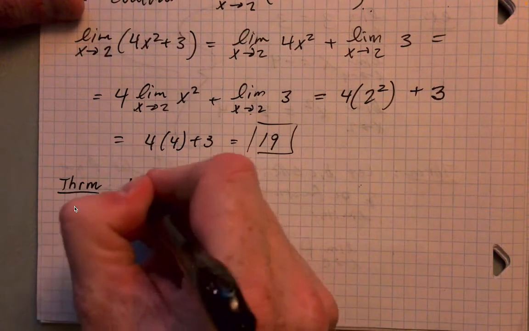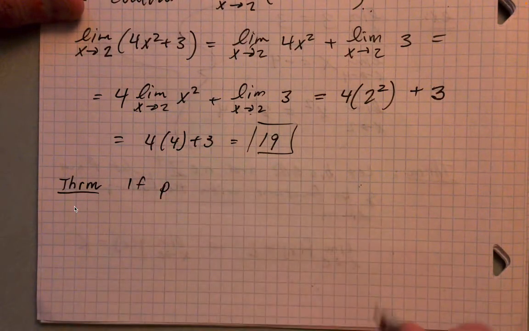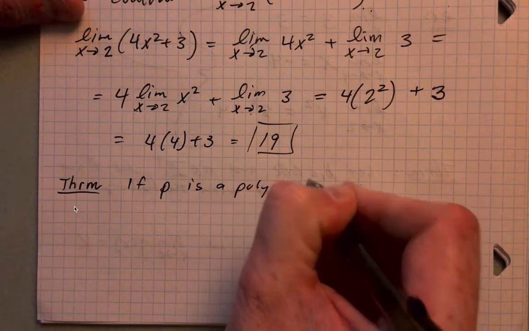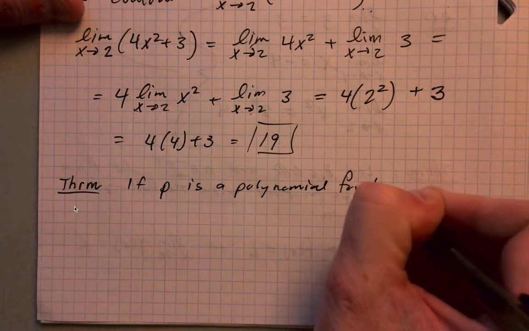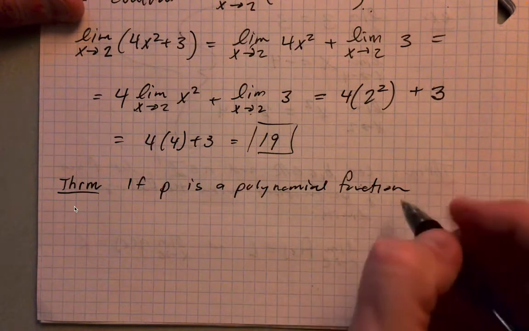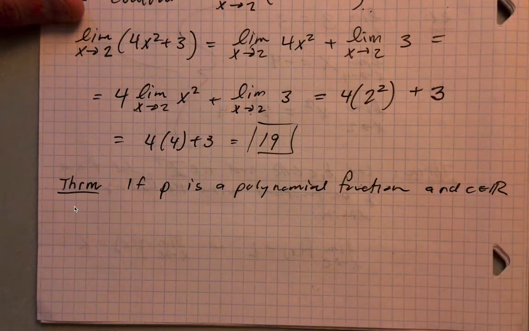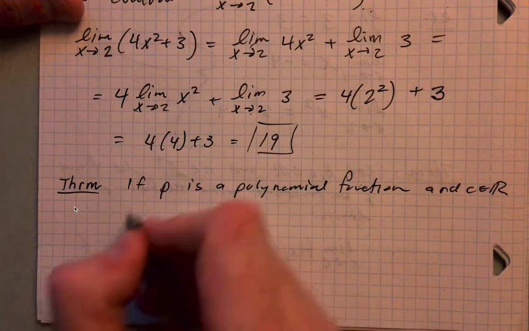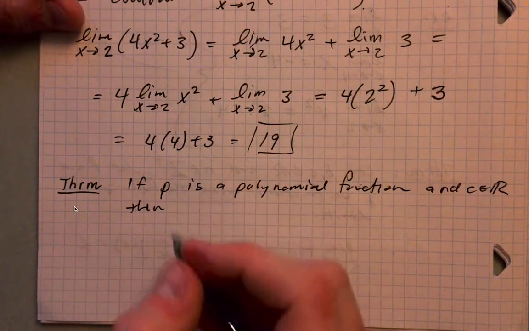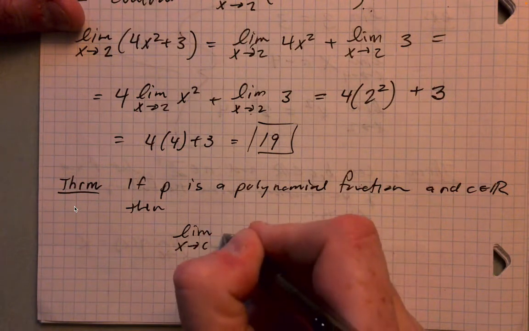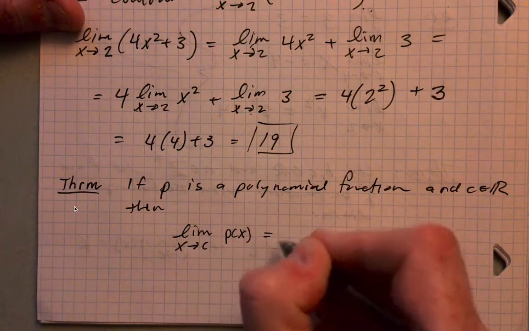If p is a polynomial function, and c is a real number, then the limit as x approaches c of p of x is equal to, what do you think?